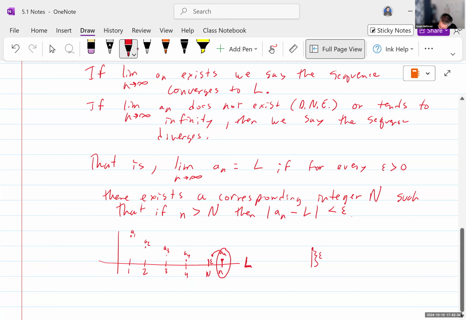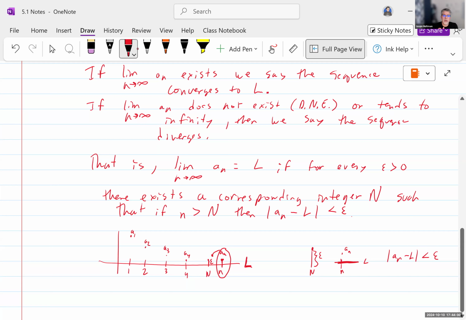here's the distance epsilon at capital N. And if we say this is a sub n, and this is the limit that it's approaching, L, then the distance between a sub n and L is going to be less than the epsilon which occurred from the previous term. So I can always go out to an n, and then go out one more.